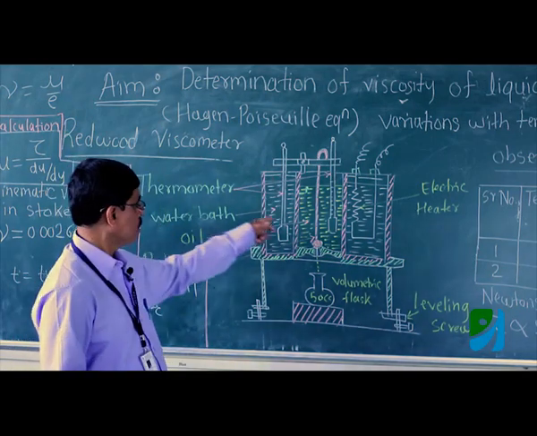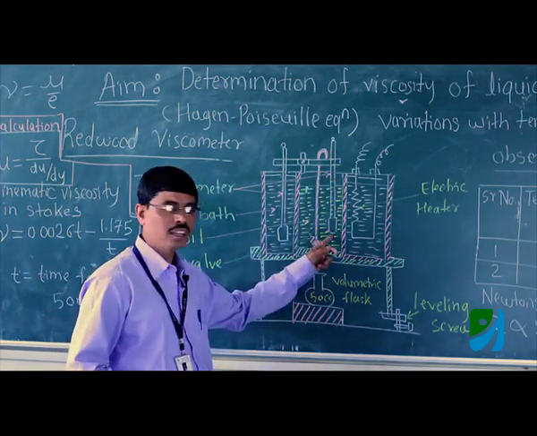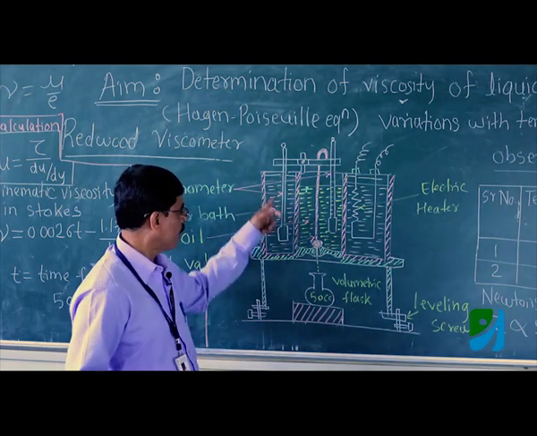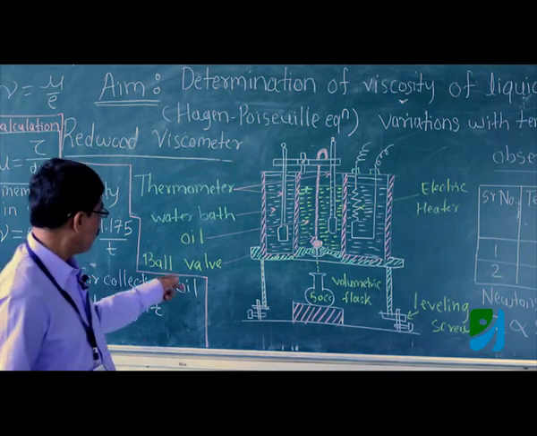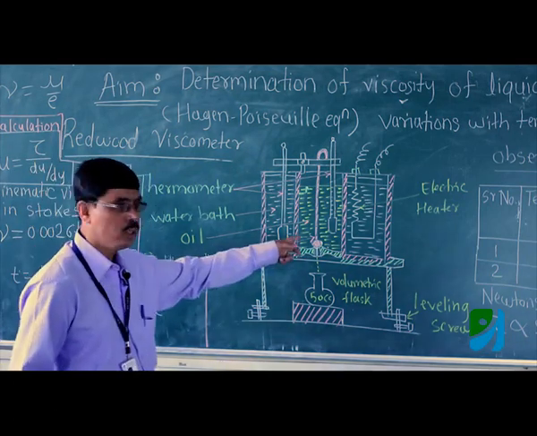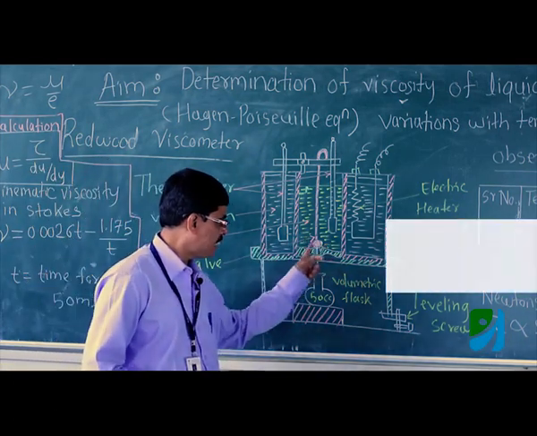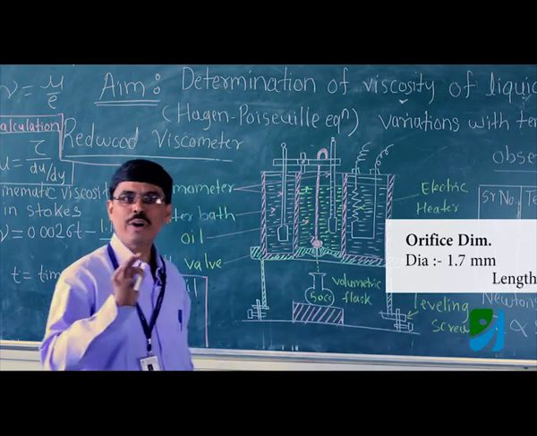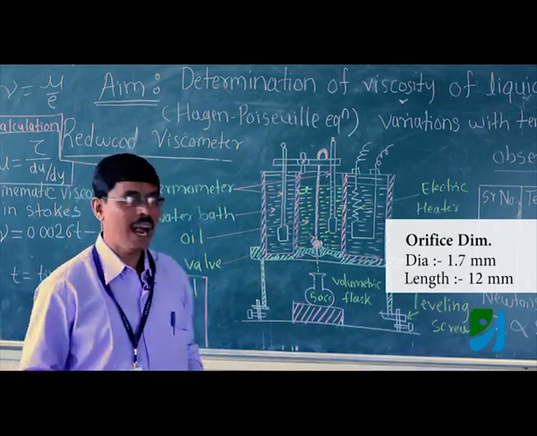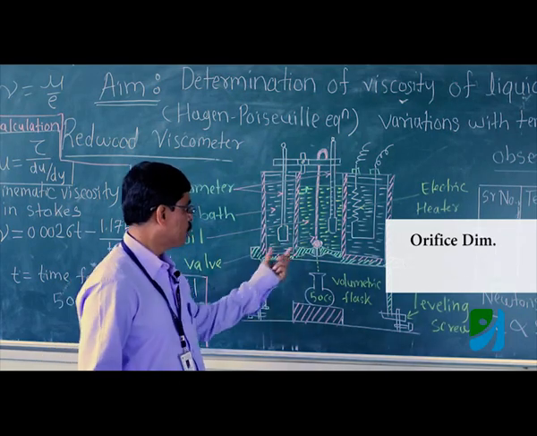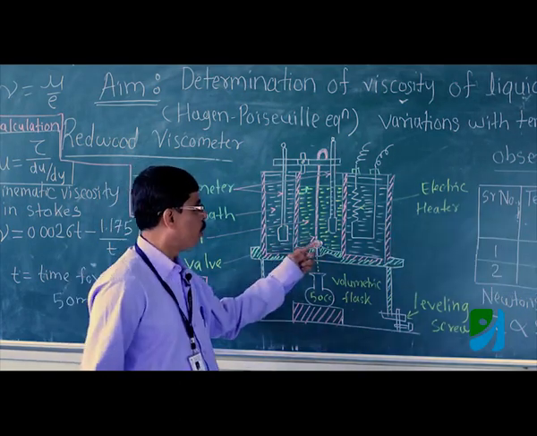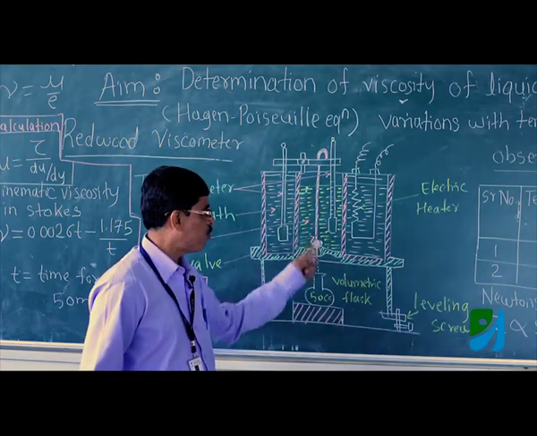Then you have thermometers to measure the temperature of the oil and the temperature of the water bath. Then you have a very important arrangement, a ball valve. The orifice at the bottom has a diameter of 1.7 mm and a length of 12 mm, and it is closed by this ball valve, which is connected to a stiff wire.